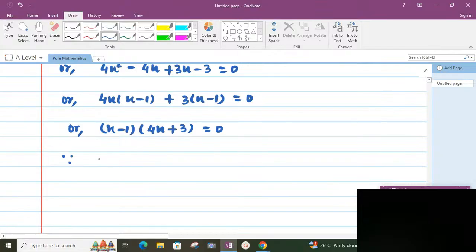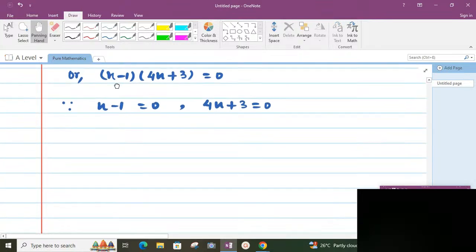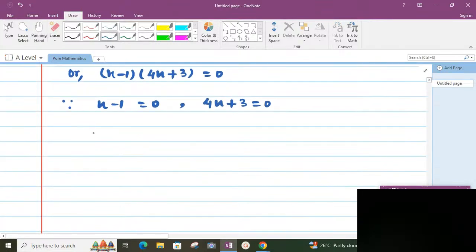Therefore here x minus 1 equal to 0 and 4x plus 3 equal to 0. Therefore the final step here will be x equal to 1 and x equal to minus 3 by 4.